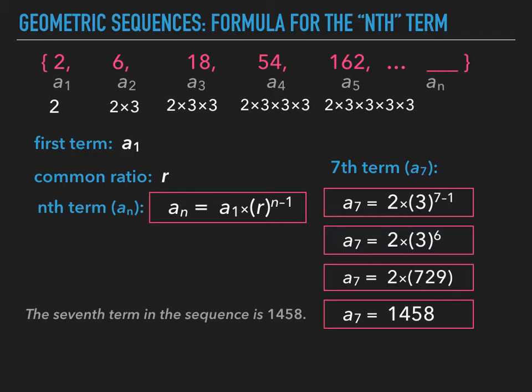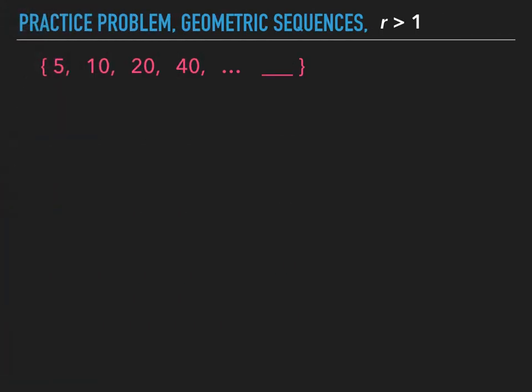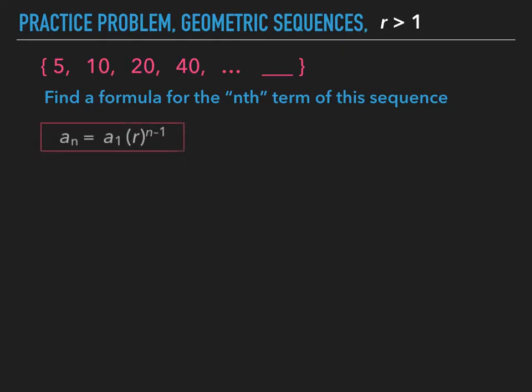1,458. Here, let's do a practice problem with some different numbers. Notice these numbers are increasing in value as we work from left to right. Therefore, I'm multiplying by a number bigger than 1. My common ratio is going to be bigger than 1. We want to find a formula for the nth term of this sequence. So remember the general form, a sub n equals a sub 1 times r to the n minus 1 power.